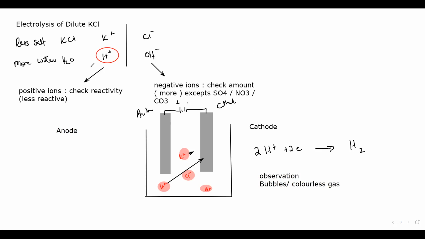It's a dilute solution, so a dilute solution means it contains more OH. So which ion is discharged at the anode? Is it Cl or OH? Which ion is able to discharge? Cl or OH? So it is the OH ion. The OH ion is able to move or discharge at the anode.